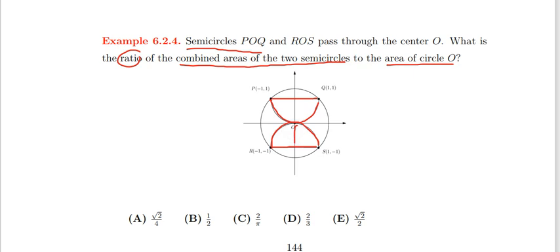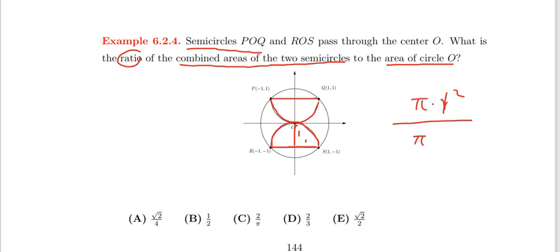Let's say this radius is 1, so this area is pi times 1 squared.